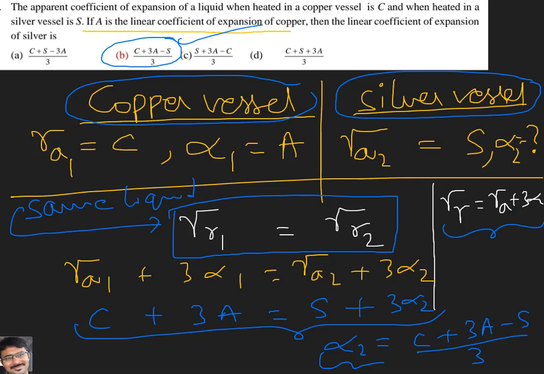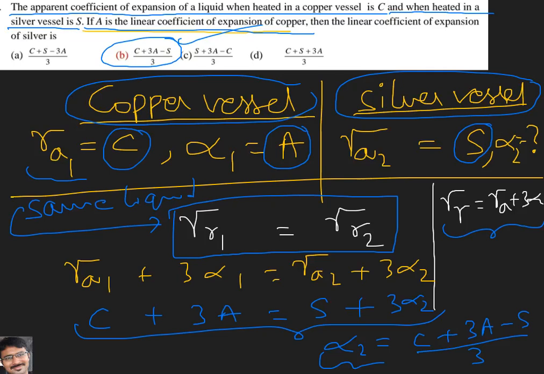The apparent coefficient of expansion of liquid in copper vessel is C, that is gamma A1. And when heated in silver vessel, it is S. Then they told A is linear coefficient of expansion of copper.